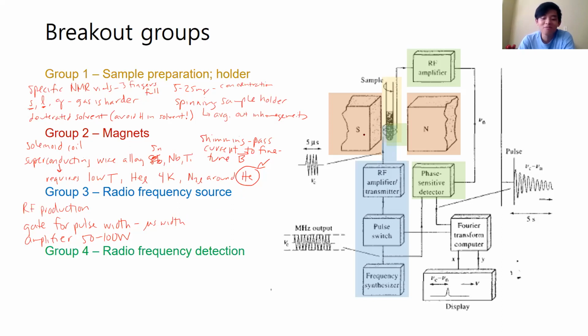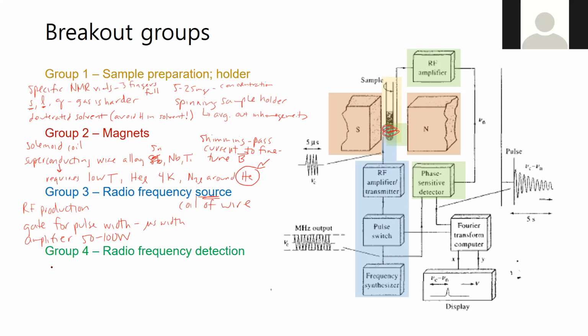Okay. Yeah, and to actually impart that signal to the sample, there's a coil of wire around the sample. So that's used both for the source and the excitation, like what's shown up here, and then also for the detection, if group 4 wants to present what they found.